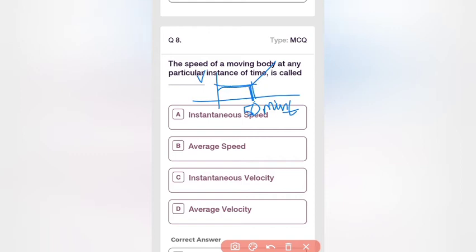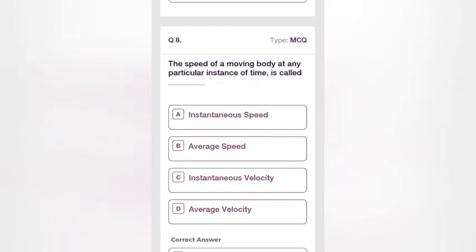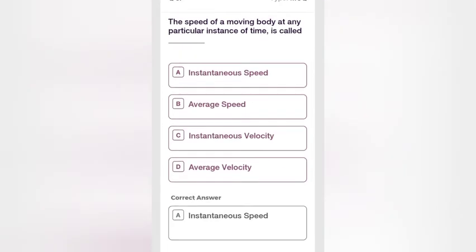That is called instantaneous speed. It is not called average speed, it is not instantaneous velocity, it is not average velocity. Clear? So the correct answer is instantaneous speed, option A.